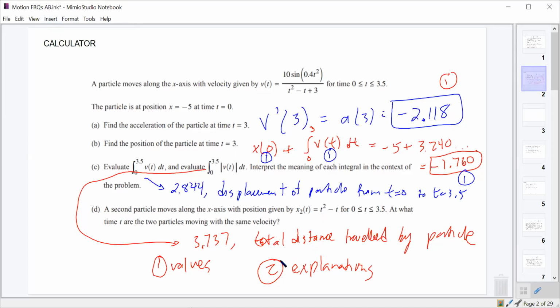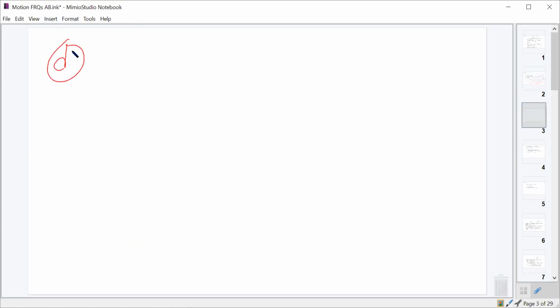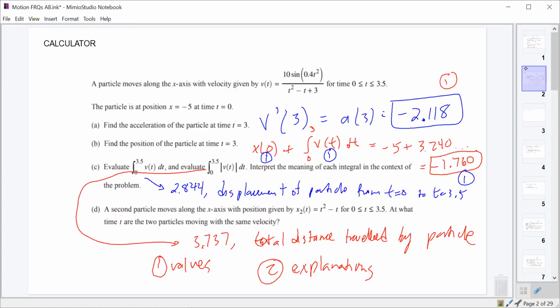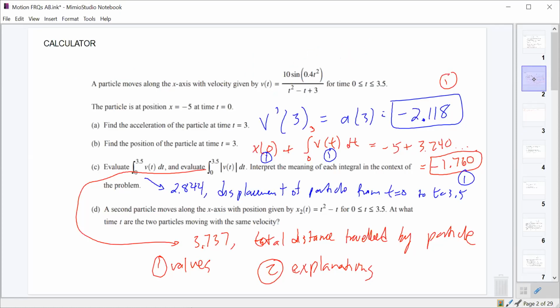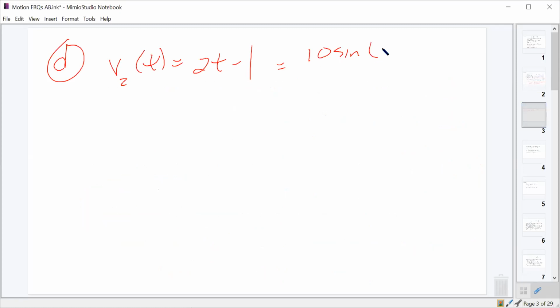So all we need to do is, first off, find the velocity function of this. So we'll say for part D, we got v sub 2 of t should just be 2t minus 1. And if we want to know when that velocity is equal to this velocity, we'll just set that equal to 10 sine of 0.4 t squared over t squared minus t plus 3.